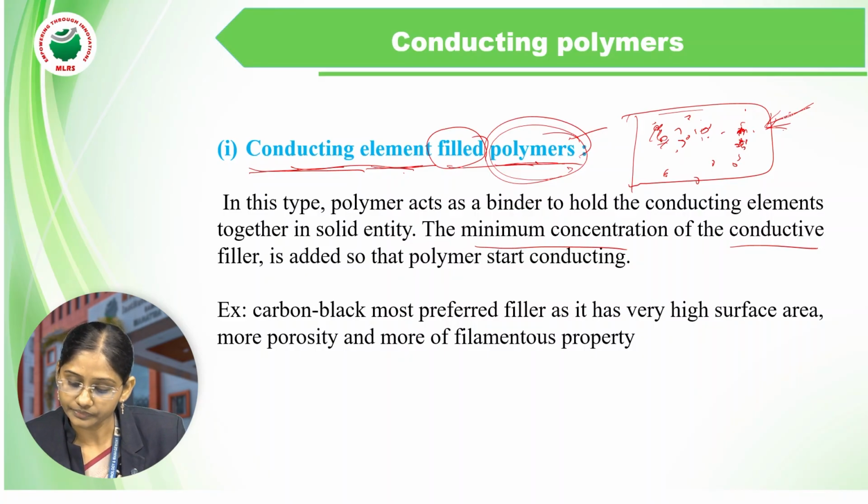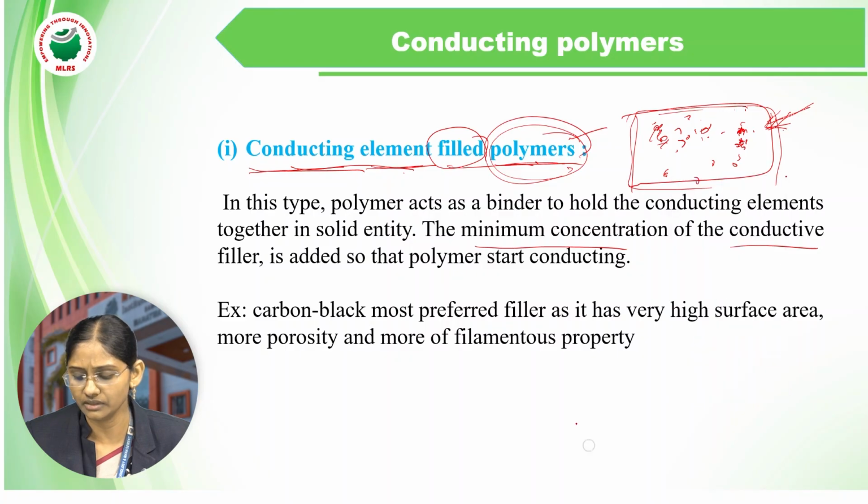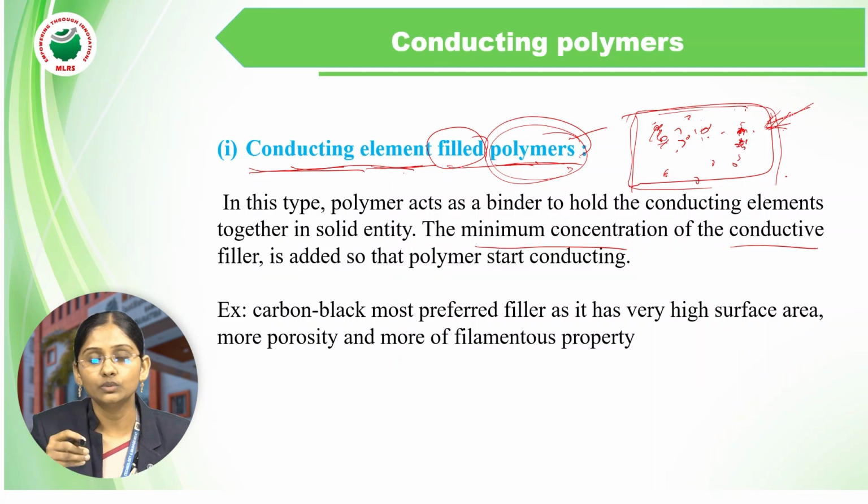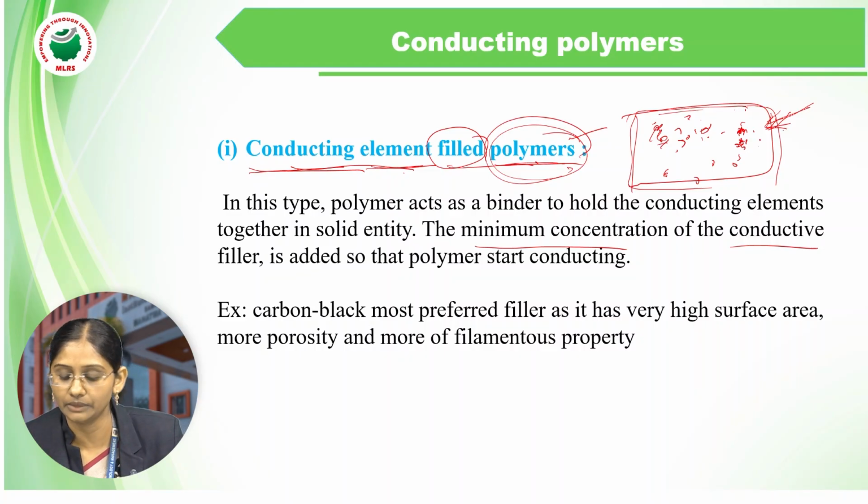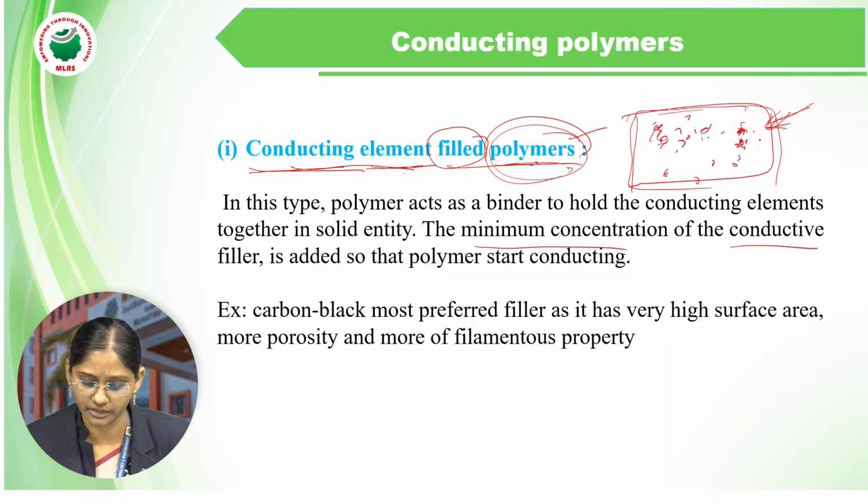Okay, so in this case the polymer acts as an insulator only. But what is the use of the polymer here? It just acts as a binder. Whatever conducting elements you are filling, the polymer holds all those elements. So now see the sentence, students.